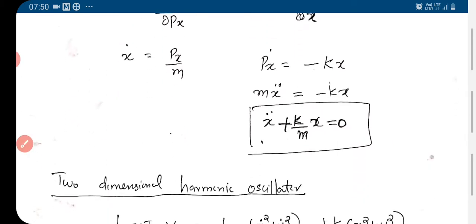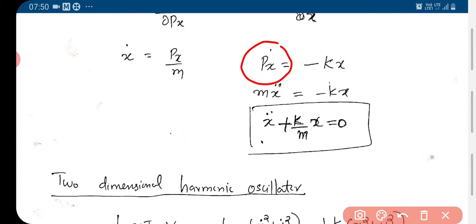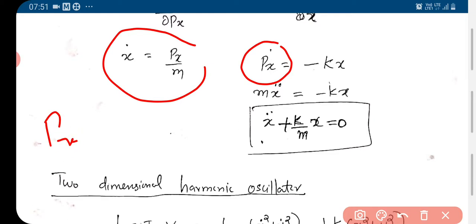Now x dot is px by m, so px is x dot m, and px dot is x double dot m.